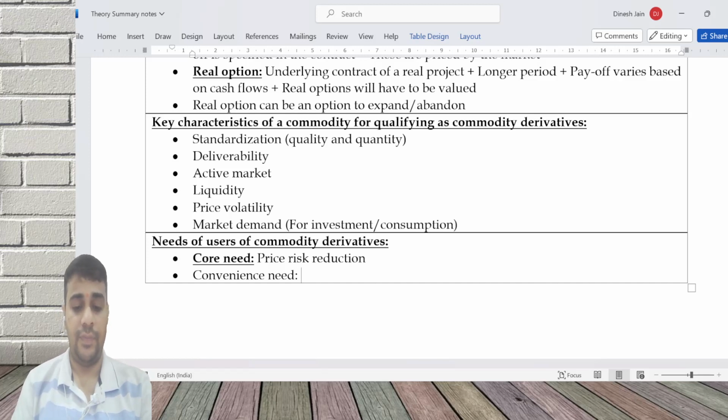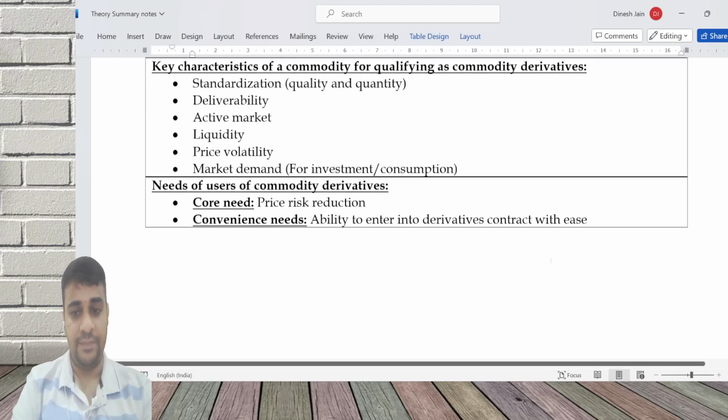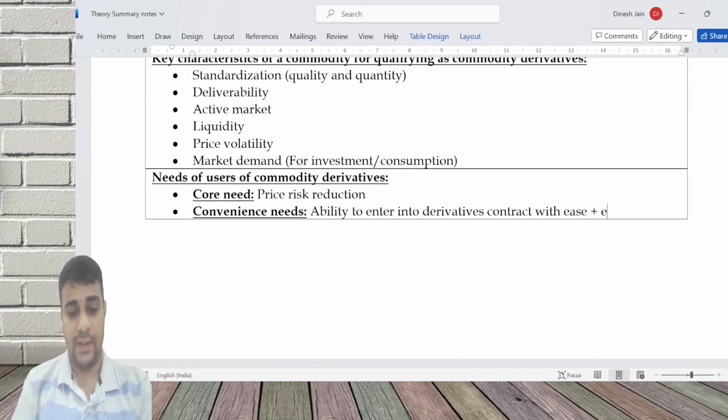Convenience need: ability to enter into a derivatives contract with ease. What are these?